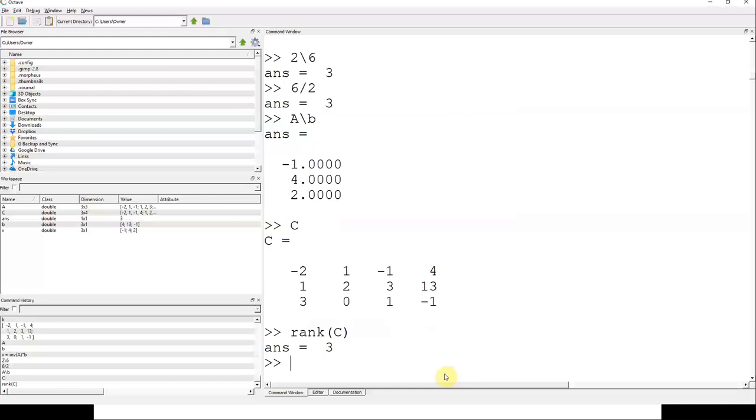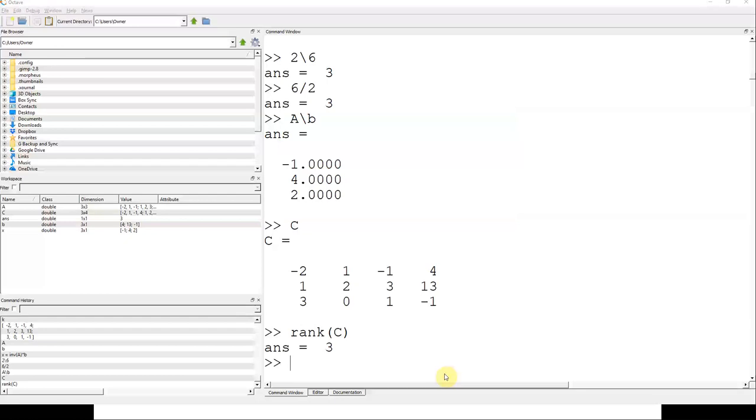2 independent. Everybody write 2x plus 3y equals 0. Write x minus y equals 4. What was the first one? 2x plus 3y equals 0.